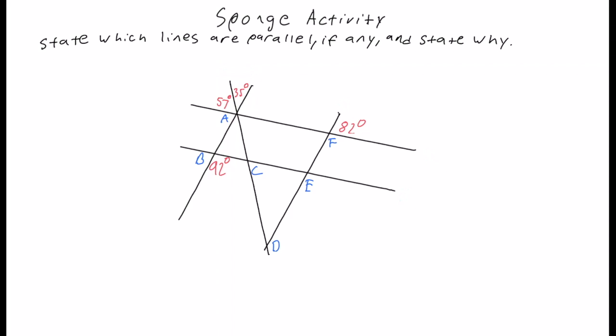And I want you to state which pairs are parallel, as many as you can find that are parallel, and give your reason why. So are they alternate exterior angles, corresponding angles, those types.